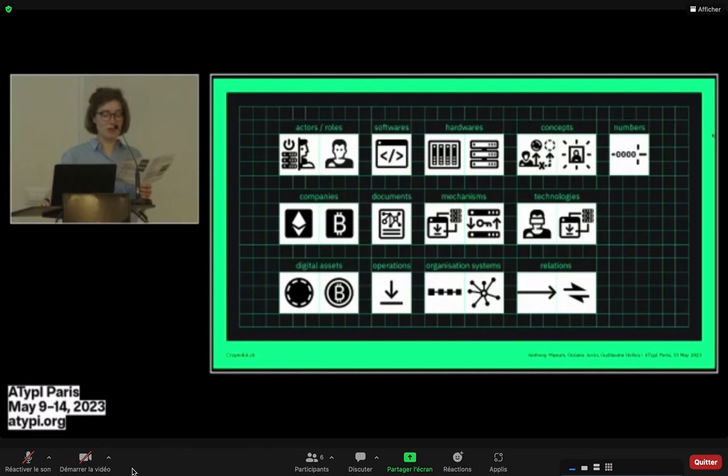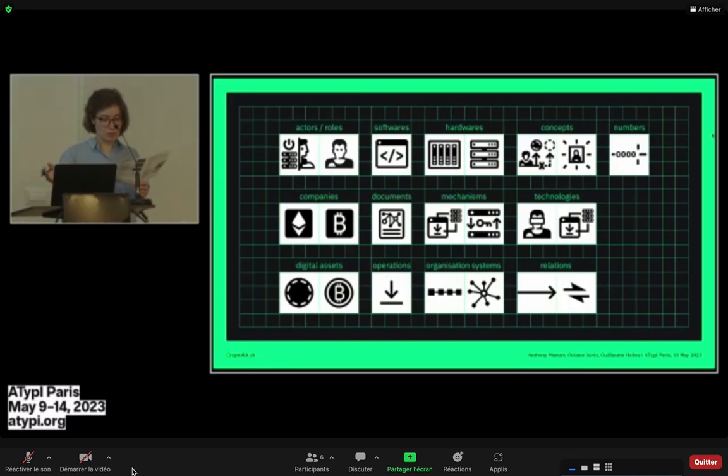I also had to add my own reading grid in order to graphically translate it. So this is only my way of organizing the elements because they were various and most of them really abstract. So I had to categorize them, but only to understand better.